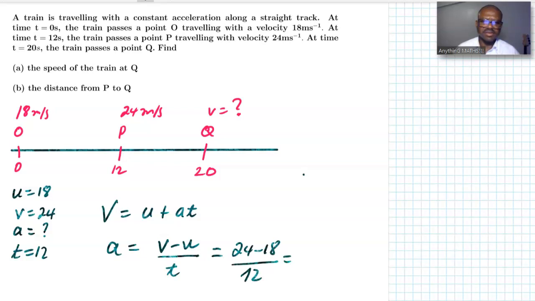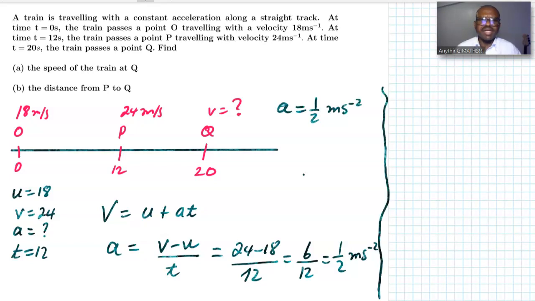That's going to be 6 over 12, which gives a half. So half a meter per second squared for the acceleration. So we have the acceleration to be half meters per second squared. What is the speed?